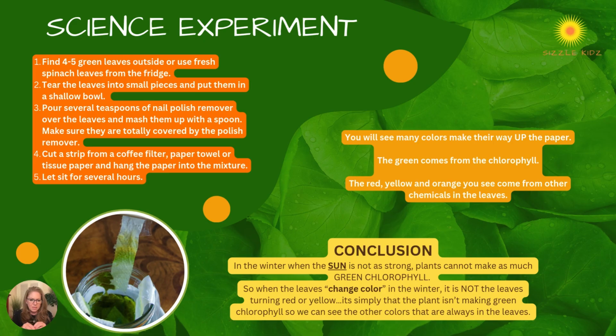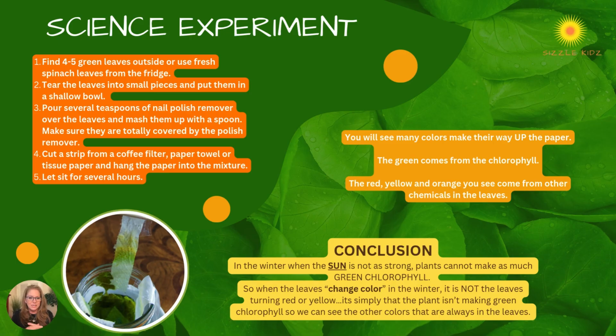You tear up the leaves, pour some nail polish remover over it, mash it up with a spoon, make sure the nail polish remover covers the leaves, and then hang your little piece of paper towel or coffee filter over the side and just let it sit for a few hours, 3 hours. And what you'll see is colors moving up the paper towel or the coffee filter. And you'll see greens, yellows, reds, and oranges.